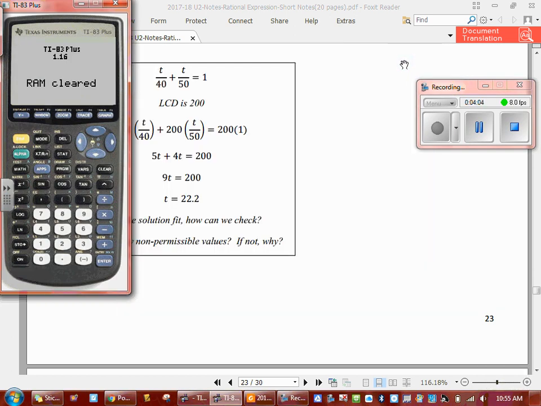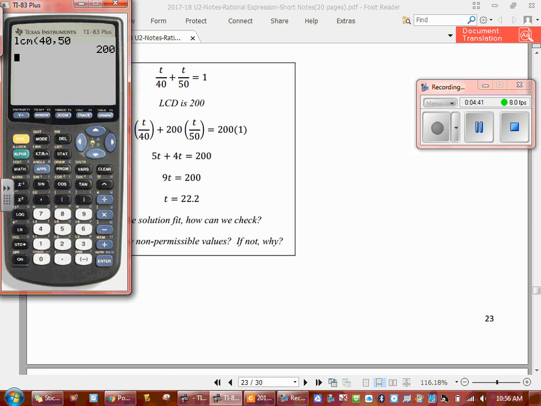We're going to hit our math button, and then over to number, and then scroll down. It's number 8. When we wanted our greatest common factor, we used number 9 for factoring. We use number 8 for lowest common denominators. So, number 8, we're going to say 40, 50. And it's going to tell us 200. So we find our lowest common denominator.